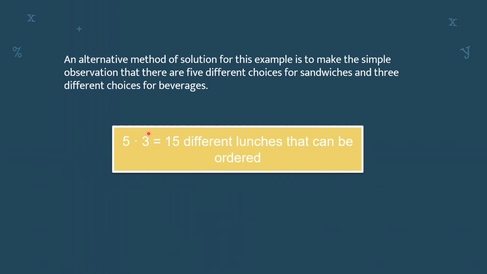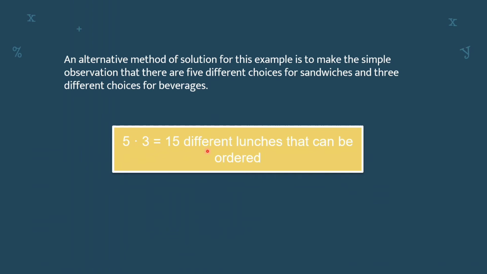And then, we multiply. 5 times 3 is equal to 15, which means we have 15 different lunches that can be ordered. Ito yung medyo madaling way para makuha natin yung solution.